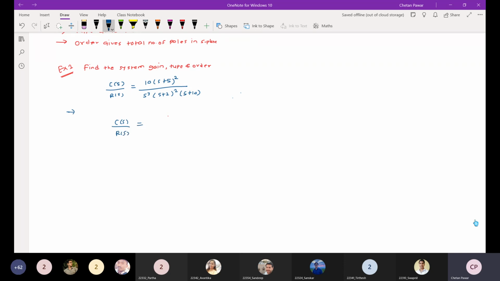So I will take 5 outside, and here I will make 2 and 10 outside. Okay, so now this equation is in time constant form, right?